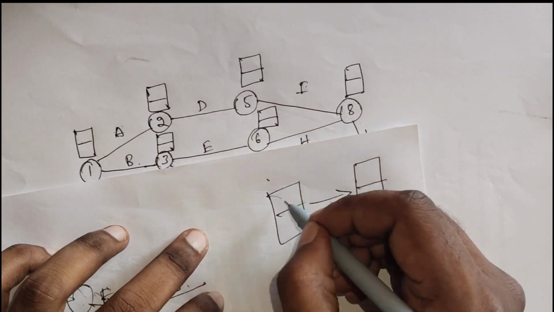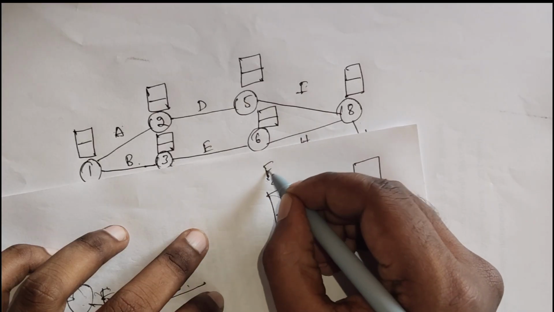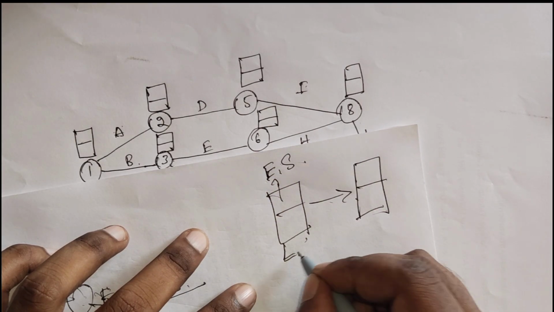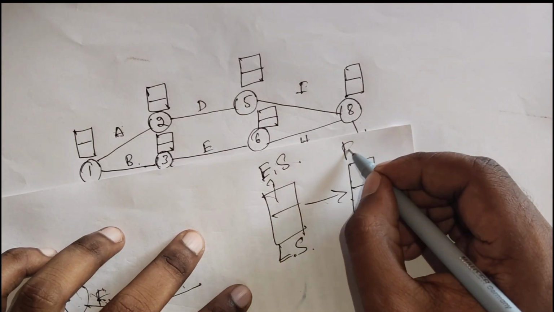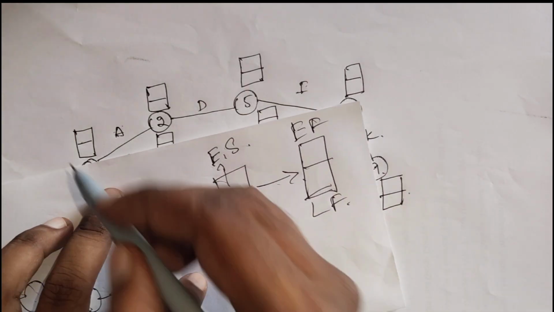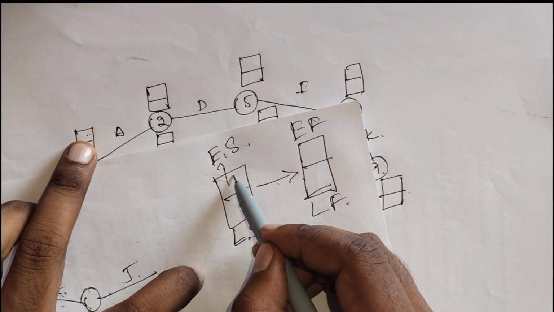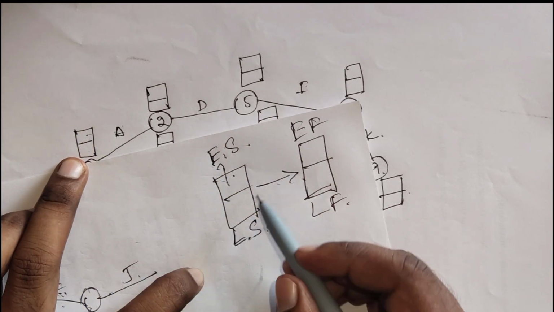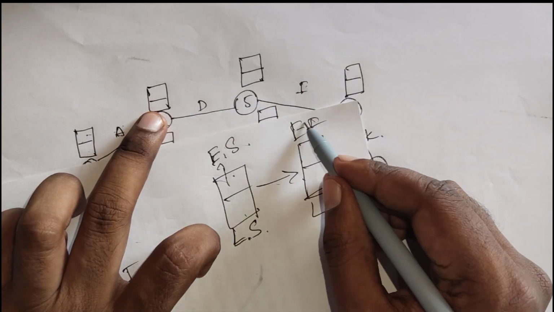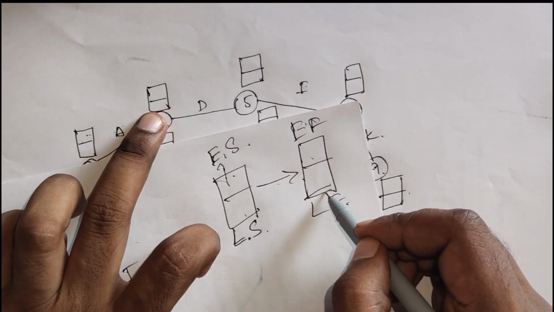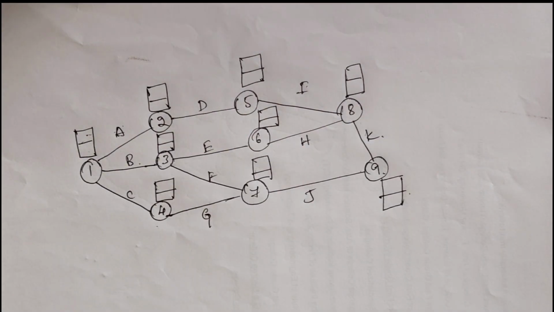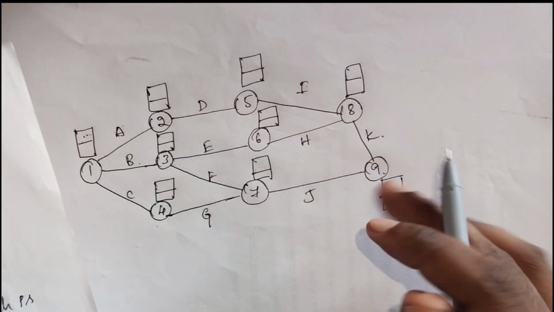Okay, so this one is earliest start, and then this one is latest start, and this is earliest finish, and this is latest finish. Clear? So this one is the earliest start, and downside it's the latest start, and upper side earliest finish, and this one latest finish. Clear?